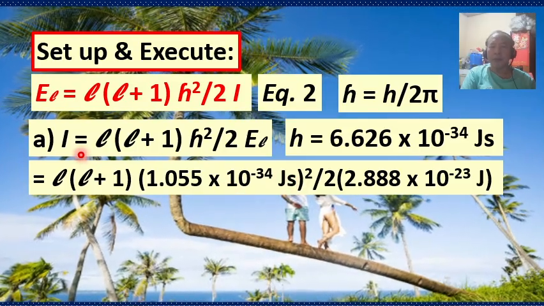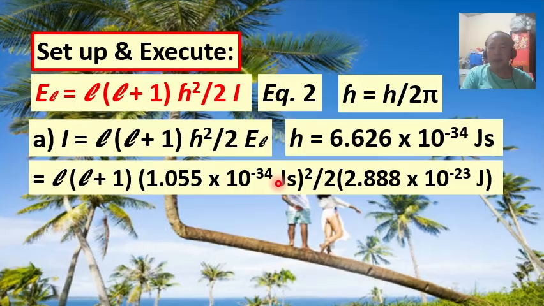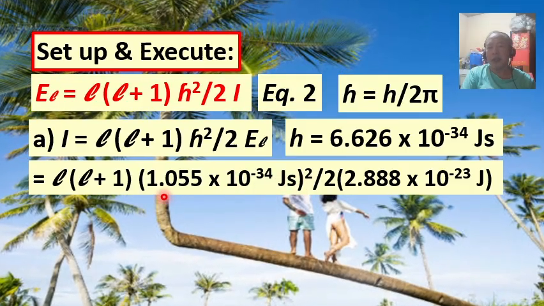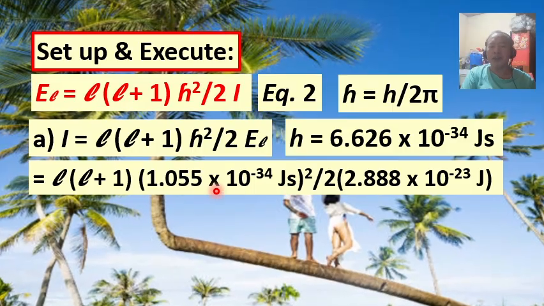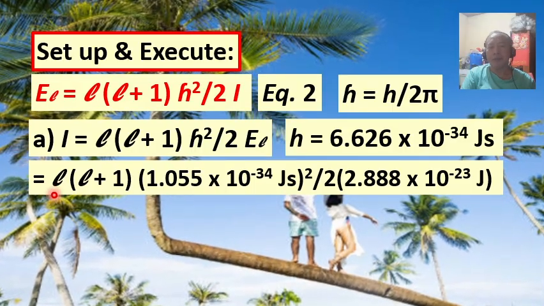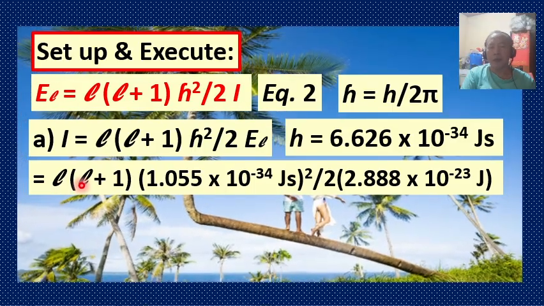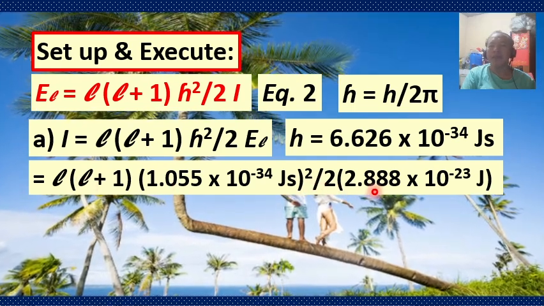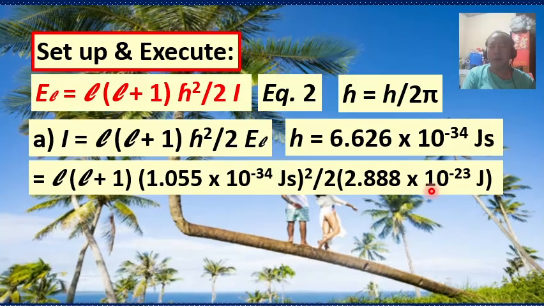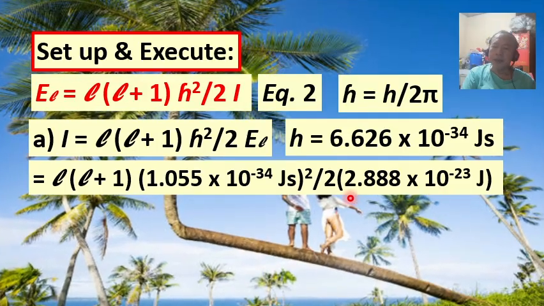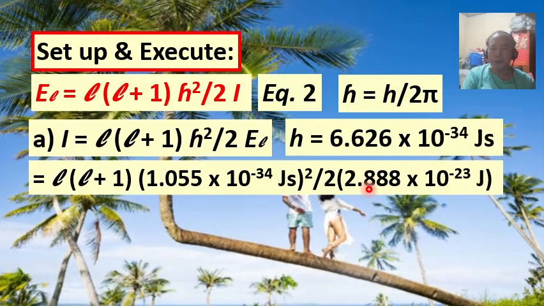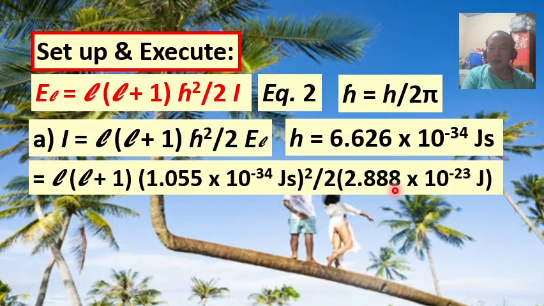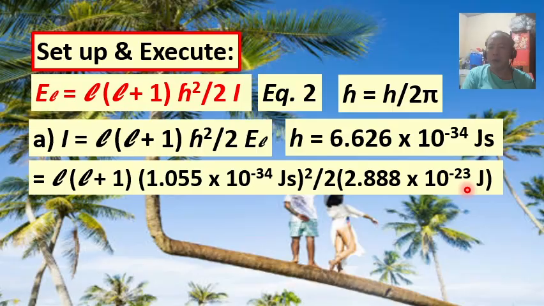In determining the moment of inertia, capital I, h bar has to be squared, multiplied by small l times quantity small l plus 1, then divided by twice the value of the energy, 2.888 times 10 raised to the negative 23 joules.